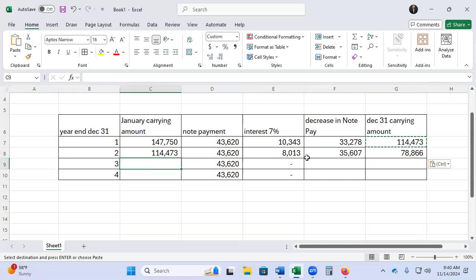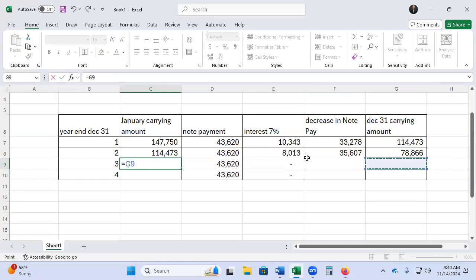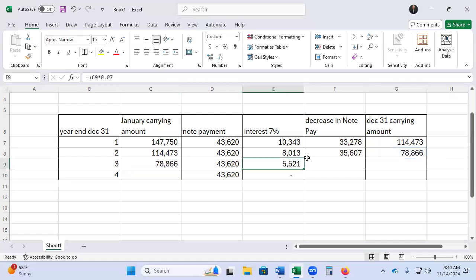Again, our January carrying amount comes from the December 31st carrying amount. Our payment's always going to be the same. Our interest is multiplied by the 7%. And then our note changes by the difference between what we paid and the interest.